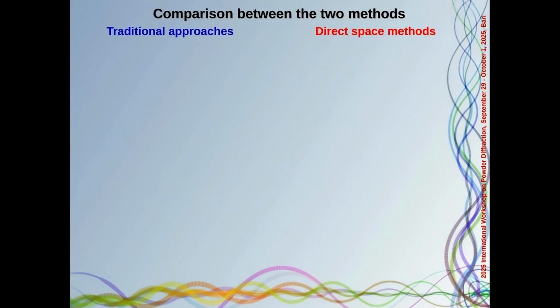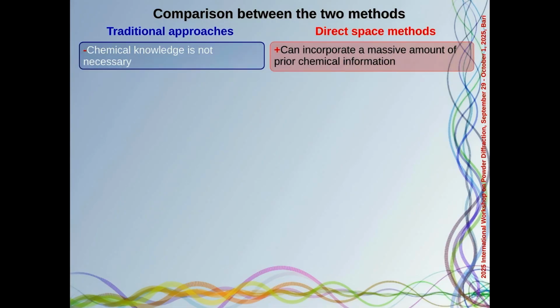Okay, in this slide you can see also a comparison between the traditional approaches and direct space methods. Traditional approaches, first of all, are not able to actively use chemical knowledge in the process of structure solution.